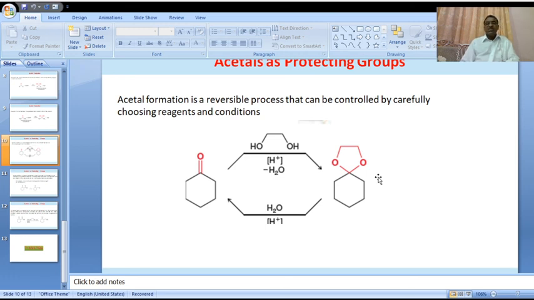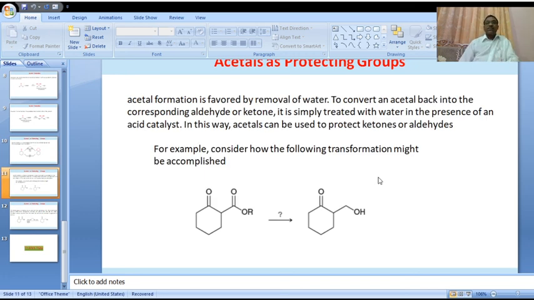In presence of water, the acetal is converted again into the carbonyl functional group. It is simply treated with water in presence of an acid catalyst.